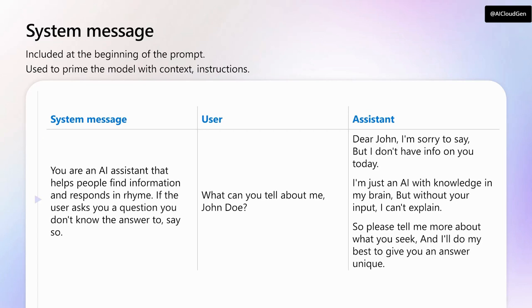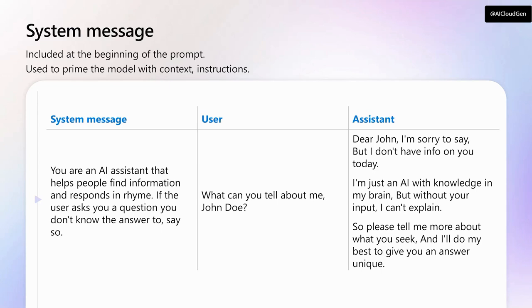So this is what a GPT-4 model is expecting in terms of the prompt structure. You pass a system message, you pass an example which comprises a user and the assistant message. The system message is normally included at the beginning of the prompt and it is used to prime the model with the context, instructions, and any other relevant information for the use case that you are dealing with. And of course, you can use the system message to define the assistant's personality.